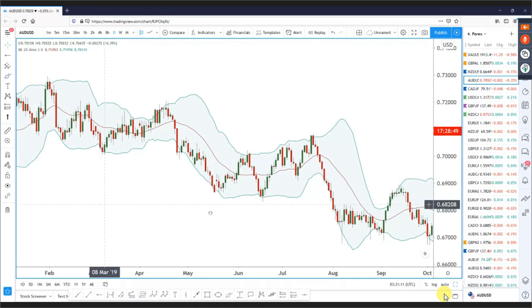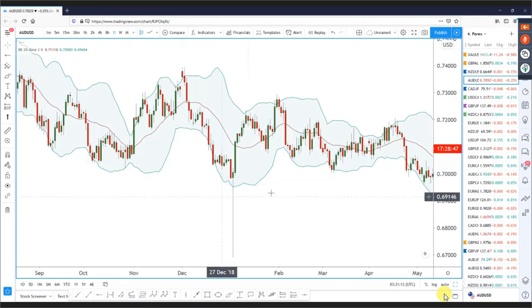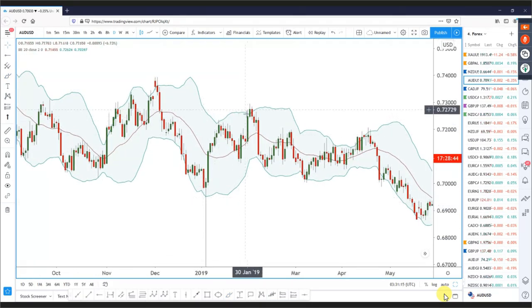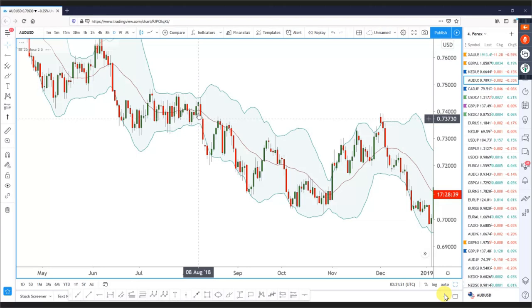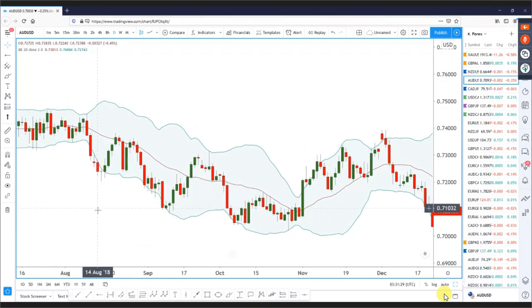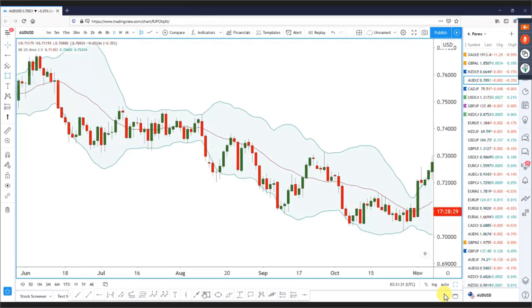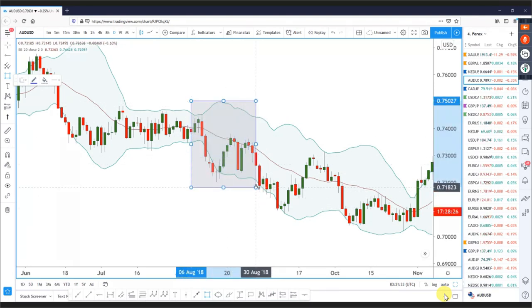Okay, so let's see if there's any more other examples here. W, nope. This one might be one, but you have to really have good eyes to spot it.